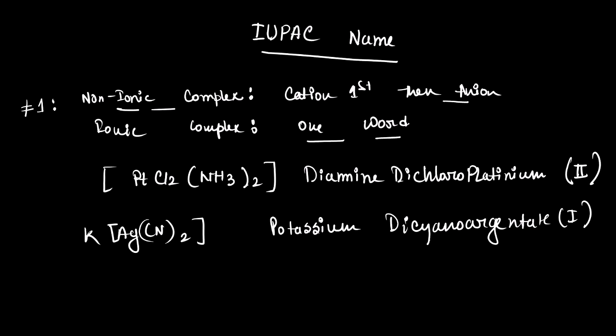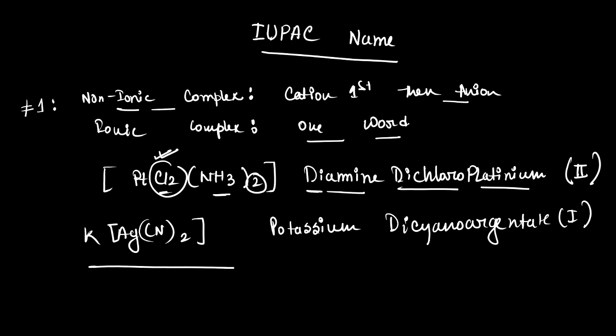Ionic complex, one word explanation: platinum, 2 chlorine, 2 amine groups. The amine group comes first, and because of 2, we write diammine. Because of 2 chlorine, we write dichloro, and platinum 2. Now how to write the ligand, we will go for that next. For this ionic complex, potassium, we have written the cation first, then Ag(CN)2, dicyanoargentate 1. The 1 means the oxidation number.